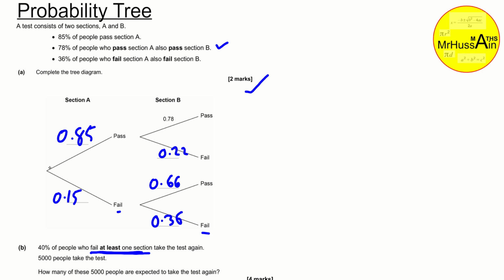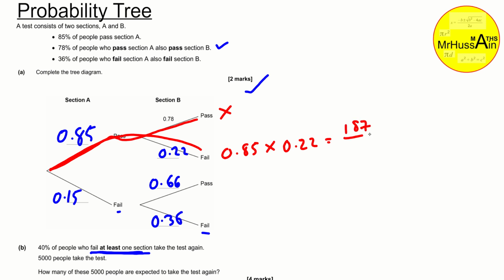So that's no good because that's pass and pass. That is good because that's pass and fail. So we want that one. We want to know this probability. 0.85 times 0.22. My calculator is telling me that's 187 over 1,000.